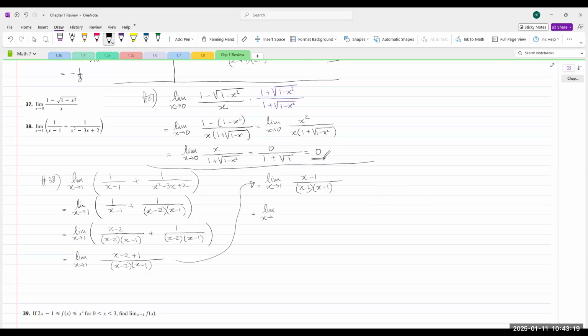So we can cancel that x minus 1 on the top and the bottom. Now you see that 1 is already in the domain of that simplified function. I can plug that in now.